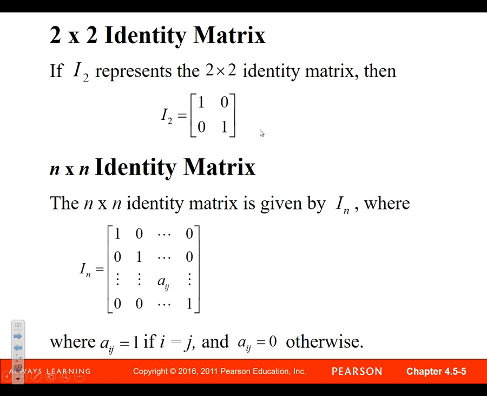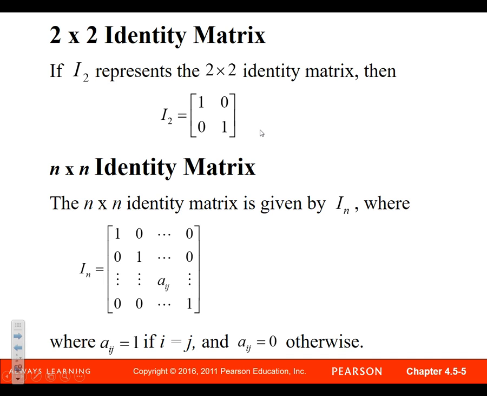I called it some special name, remember? Reduced row echelon form. Remember, row echelon is with those zeros below, but this has zeros above as well. So this is in reduced row echelon form. All it has is a diagonal of 1s, and everything above and below is a 0.